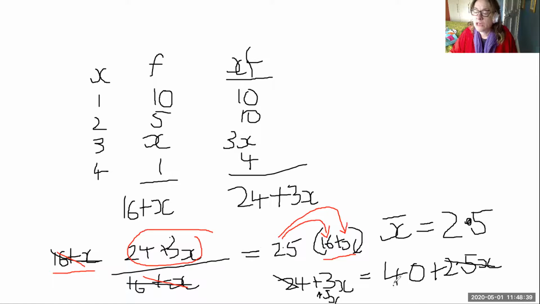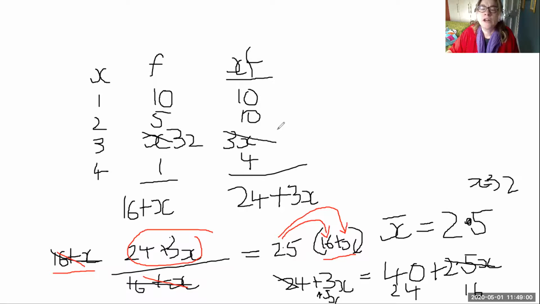So I have to take 24 away from that side. 40 minus 24 leaves 16. So a half of x is 16, x is 32. Okay. So the real value there is 32. The real value there is 96.